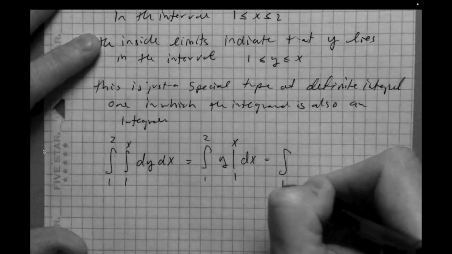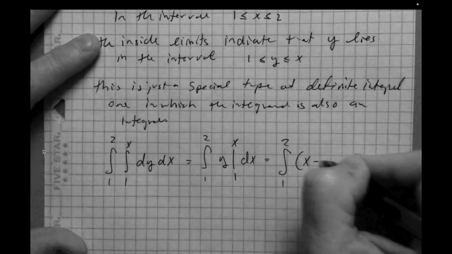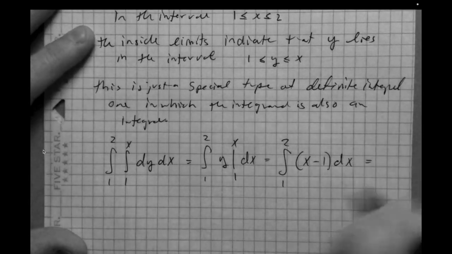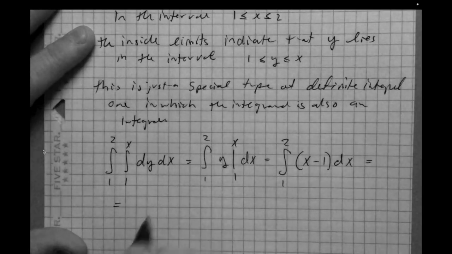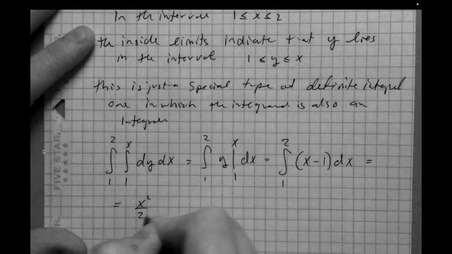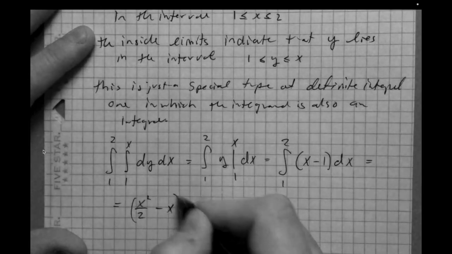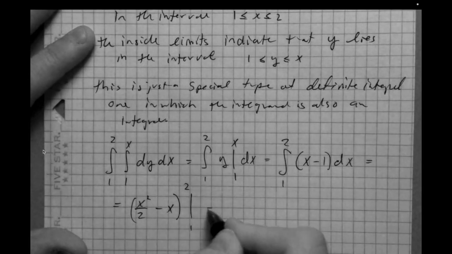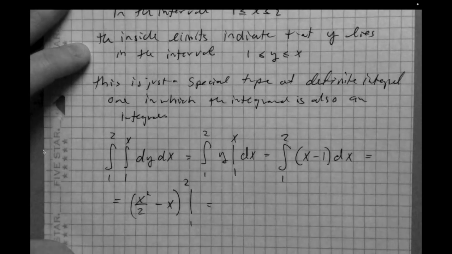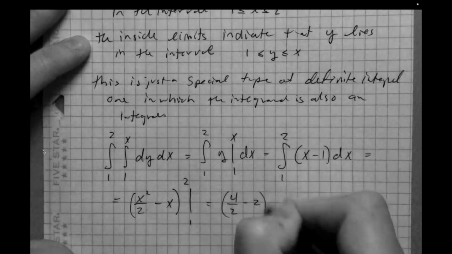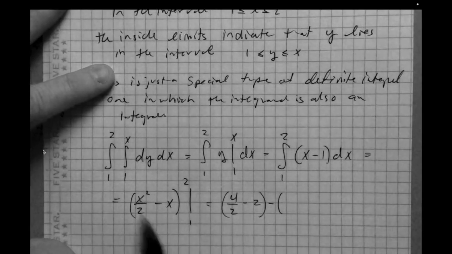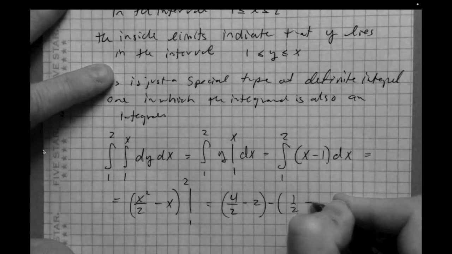So this would be the integral from 1 to 2 of x minus 1 dx. Then this would be x squared over 2 minus x from 1 up to 2. What would you get? You'd get 4 over 2 minus 2, minus 1 over 2 minus 1.